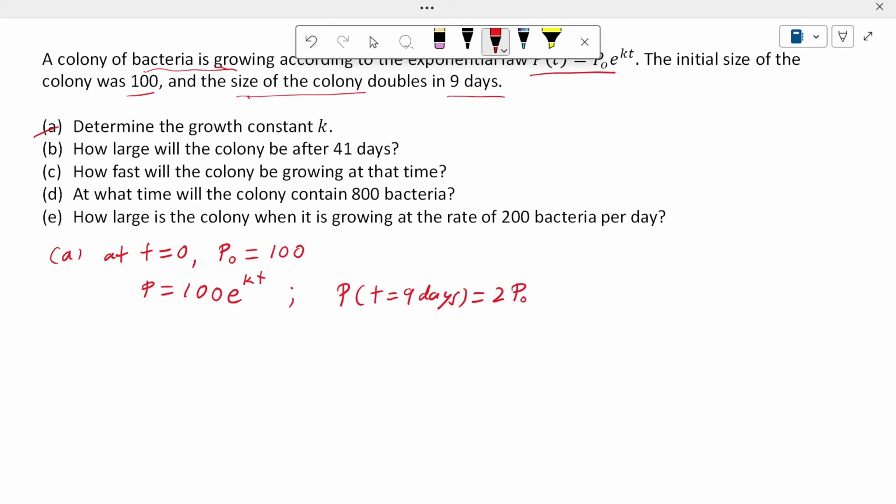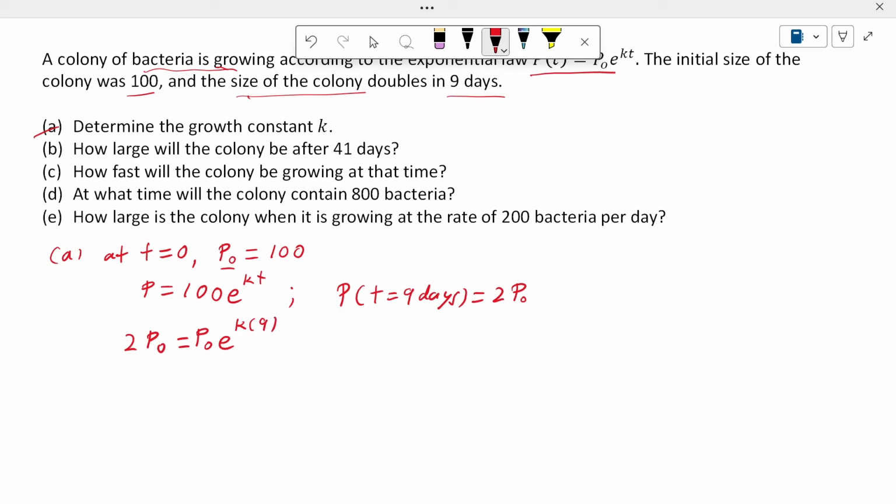We can rewrite this as P naught exponential kt, where t is equal to 9.